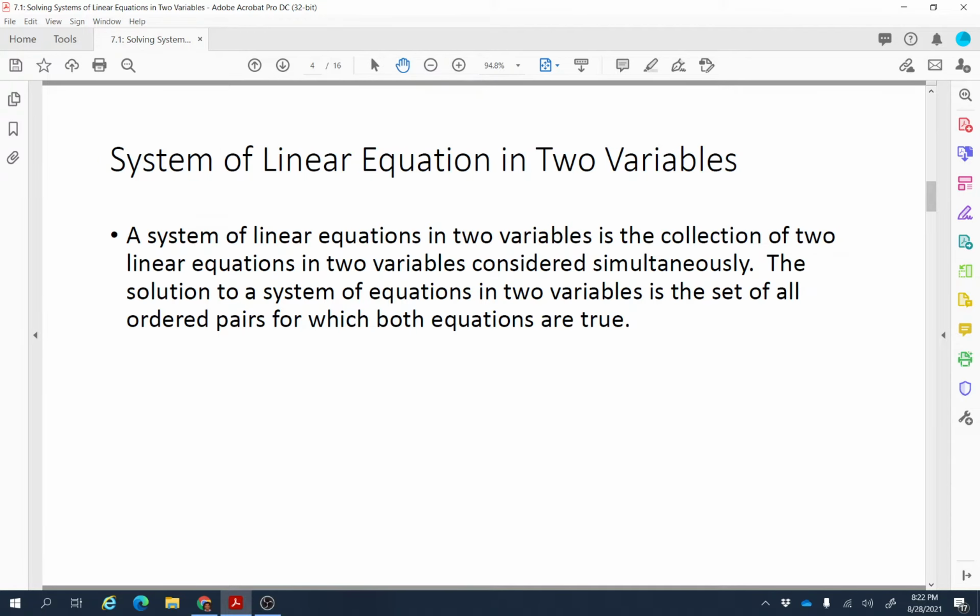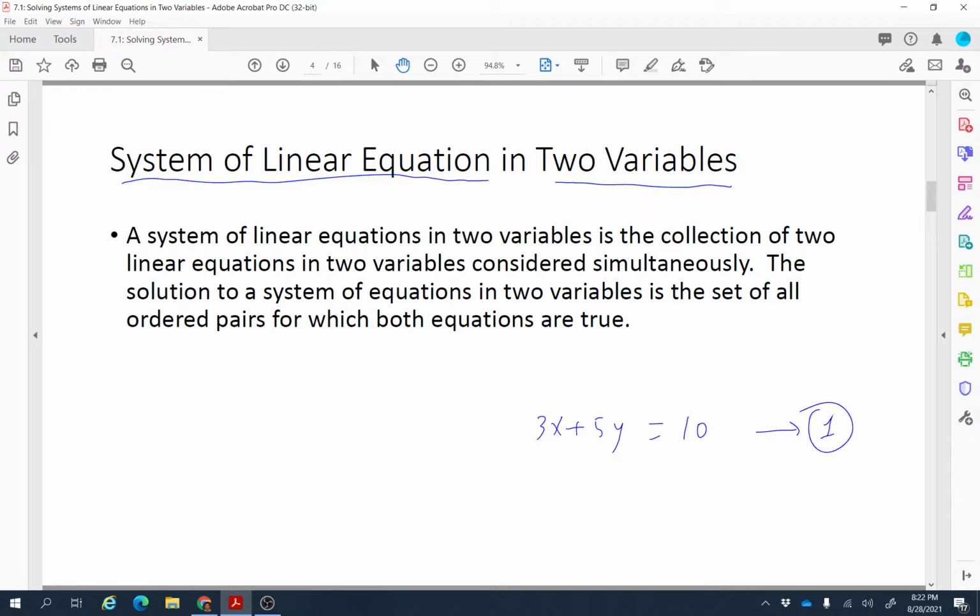As I mentioned, we're going to talk about a system of linear equations. We're going to take two equations in two variables. That's called a system of linear equations. For example, you might see 3x plus 5y equals 10. That's one equation.